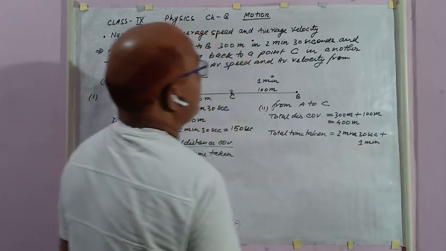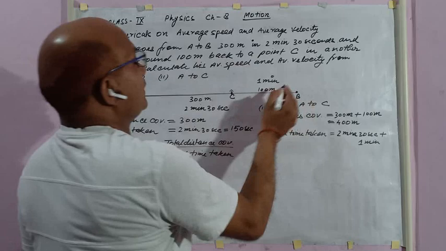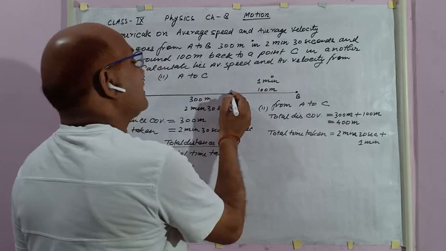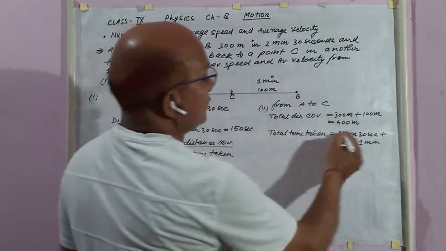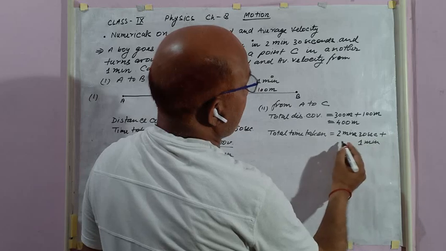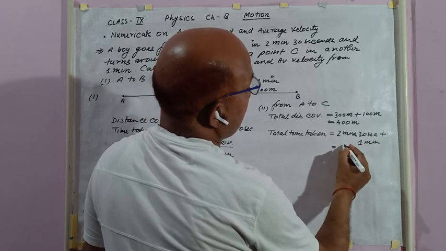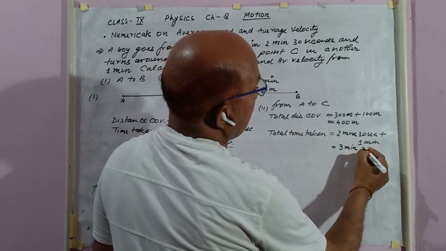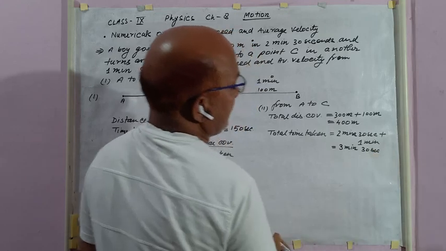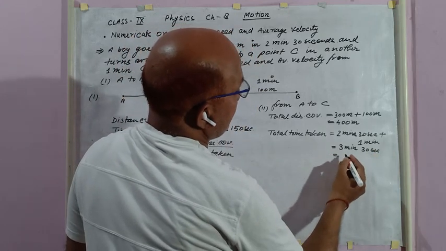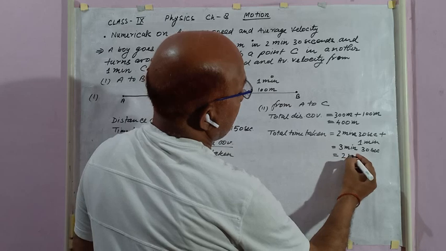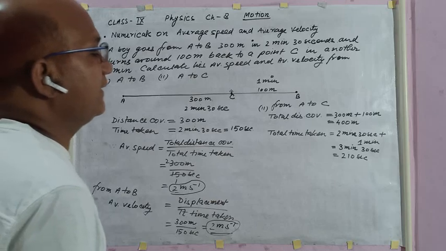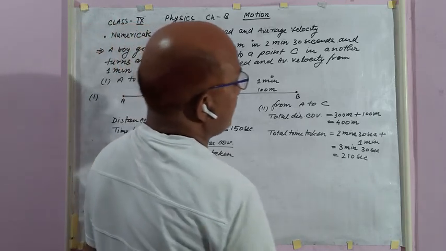This is the total time taken from A to C, because first he goes from A to B and then he takes 1 minute more to reach C. So total time taken is 2 minutes 30 seconds plus 1 minute. This is 3 minutes 30 seconds. Convert it into seconds. This is 210 seconds. So total time taken is 210 seconds.